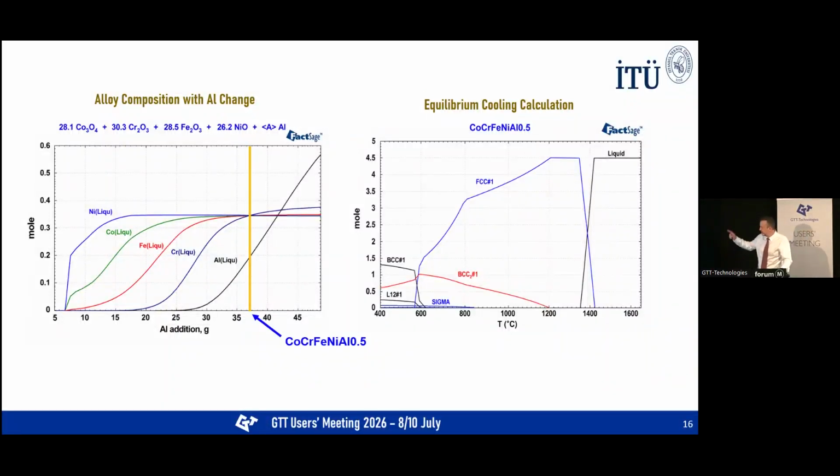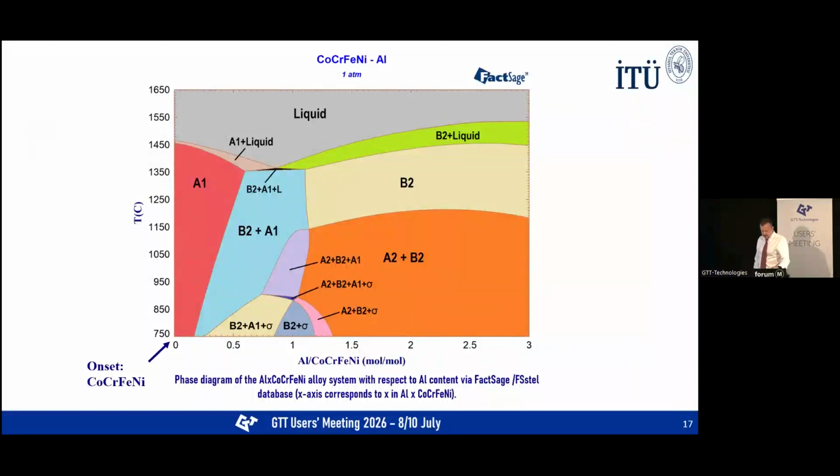So we use this oxide plus aluminum and we get a specific alloy composition. The graph on the right shows how the selected alloy composition evolves during equilibrium cooling. According to the graph, the alloy is primarily FCC at high temperatures, while secondary and tertiary phases occur as the temperature decreases.